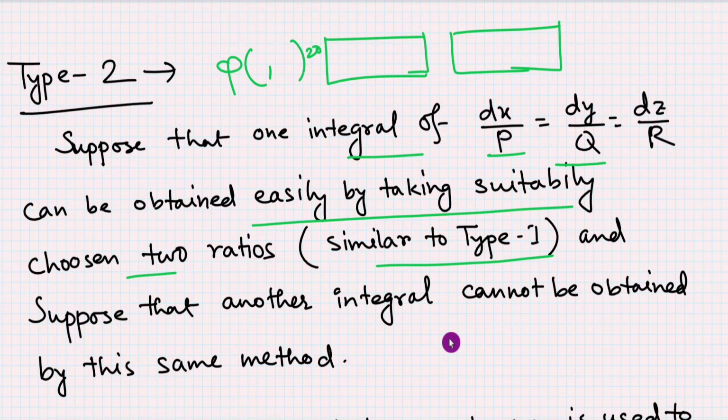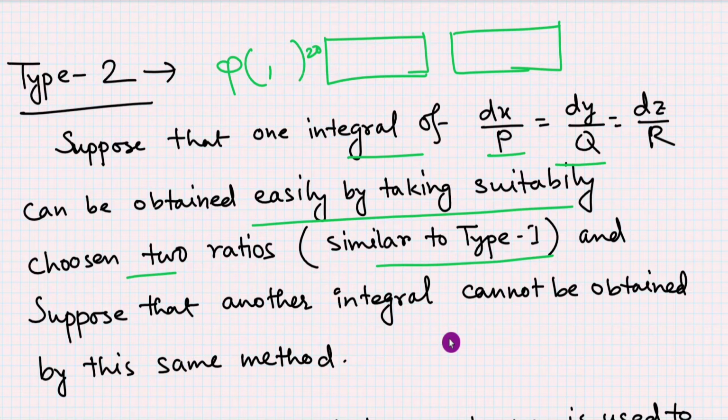But in type 2, in one case you can easily solve the two ratios, but in most cases, if we take any two ratios they are not solvable, and these equations are of type 2.